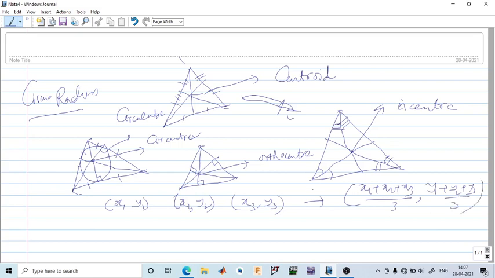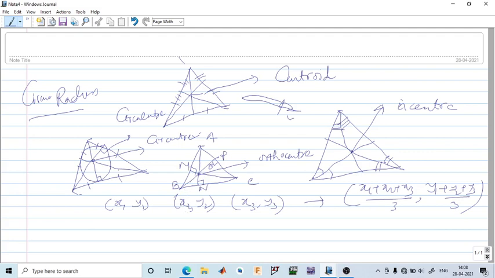For orthocenter and circumcenter, we use the concept of perpendicular lines, right? So suppose for orthocenter, this is triangle ABC, and this is, suppose, orthocenter O. These are M, N, P, suppose these lines.